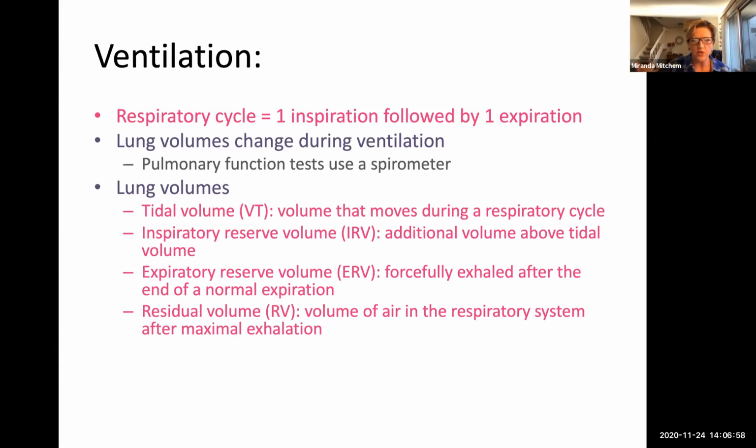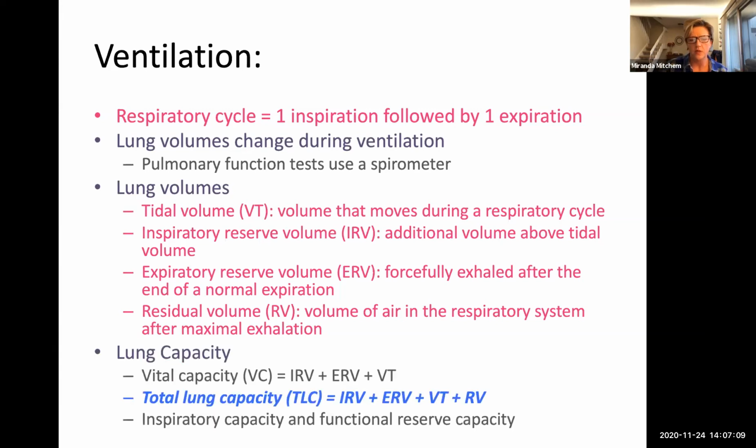And when a person is being worked up for something like asthma or COPD, this is part of the diagnostic procedure. Now, capacities are the combination, the sum of volumes. So the vital capacity includes the 2 reserve volumes, inspiratory reserve volume and expiratory reserve volume, plus the tidal volume.